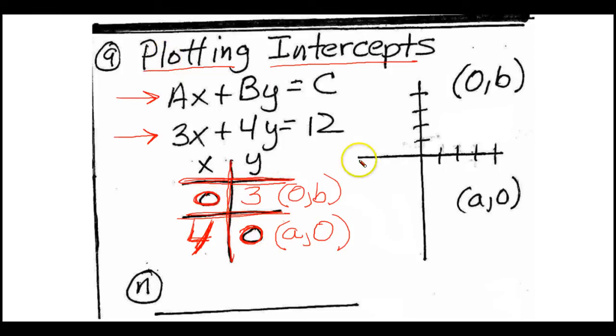So now we're going to plot the intercepts. 0, comma b is right there. That would be 0, comma 3, which is our y-intercept. This is the formal way of writing the y-intercept. And then this is 4, comma 0: 1, 2, 3, 4. And this is the formal way of writing our x-intercept, a comma 0, 4, comma 0.